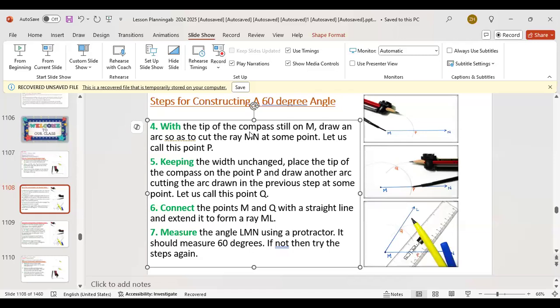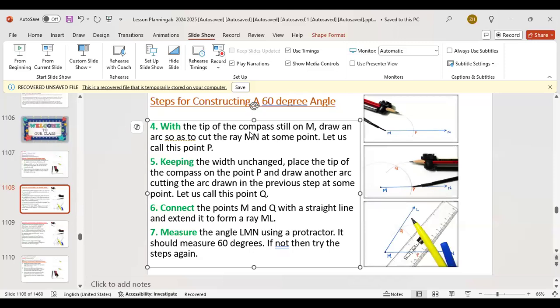Oh, you know what? Let's do... no, that'll be too long. I'm going to show you how to bisect.